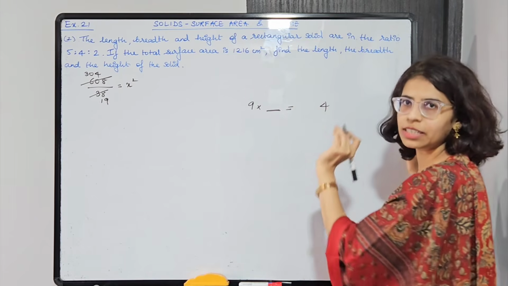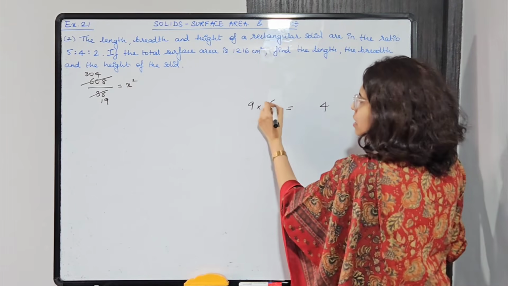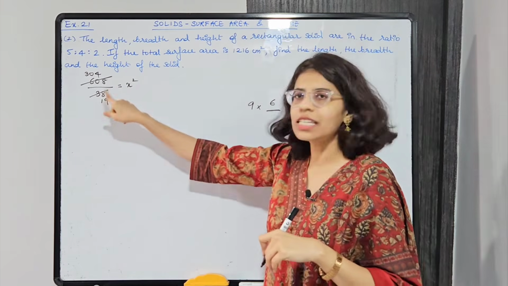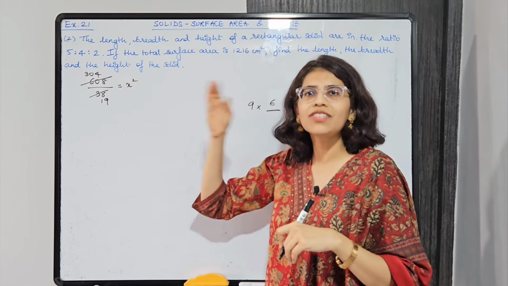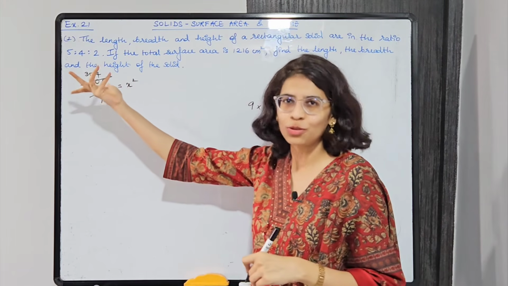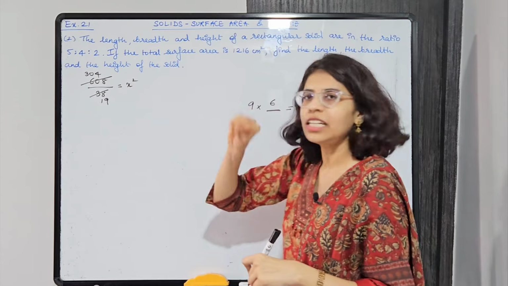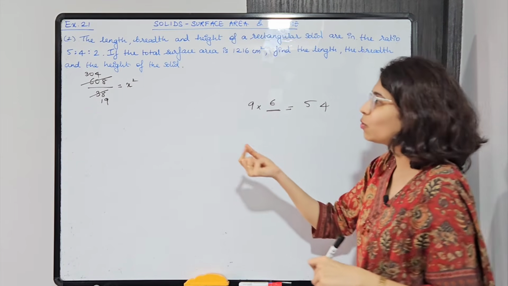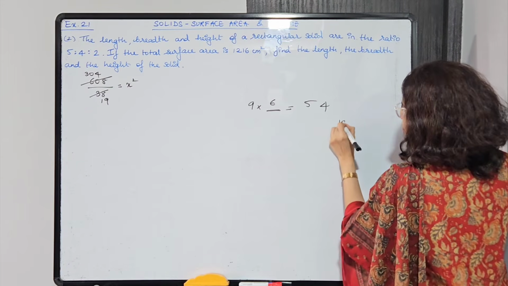I need 4 at the end. 9 6 जा 54 होता है, राइट? सो 19 6 जा is 114. सो 304 तो नहीं मिल रहा है. 19 6 जा नहीं मिल रहा है, 19 16 जा. ओके, सो लेट्स ट्राई 19 16 जा.